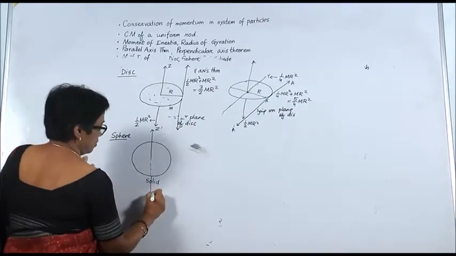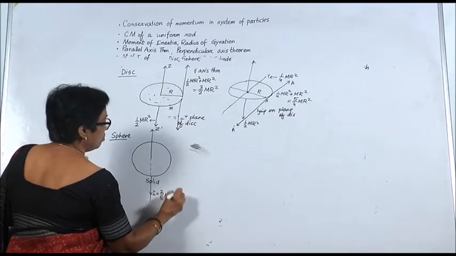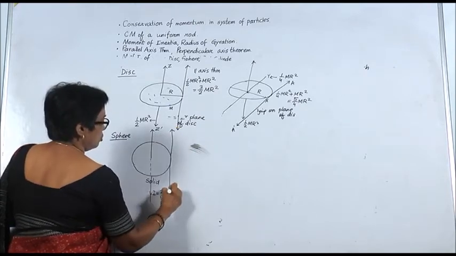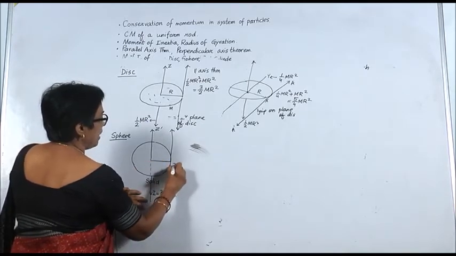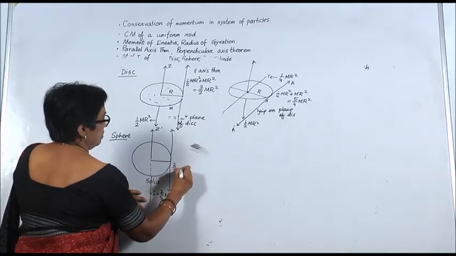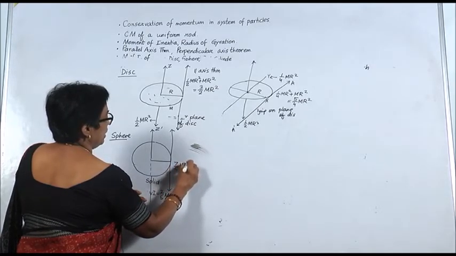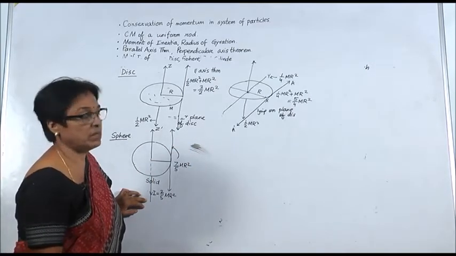So let me write it here, I equals 2 by 5 mr square. Now you can calculate the moment of inertia about this axis. This is a parallel axis, so plus mr square, that is 2 by 5 plus 1, so 7 by 5. So about this axis, the moment of inertia will be 7 by 5 mr square.